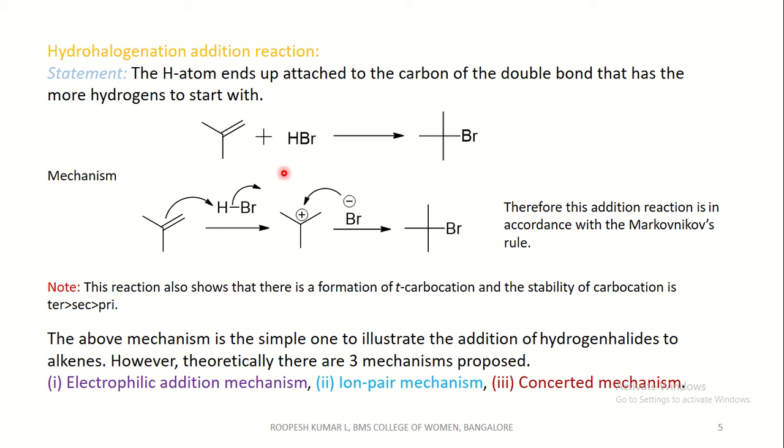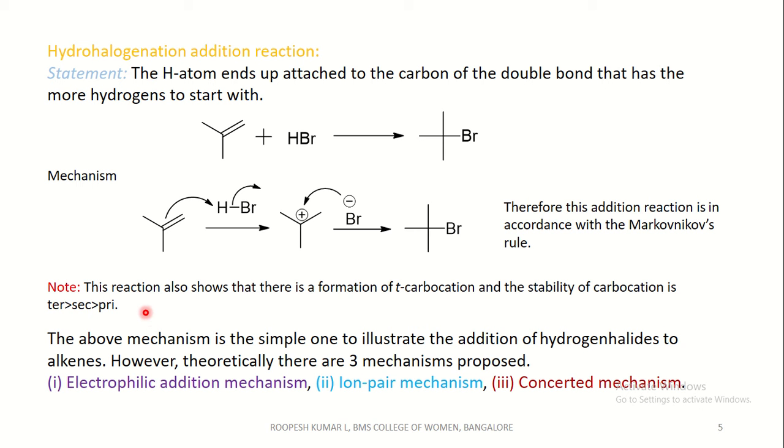That is, the statement says the hydrogen ends up attached to the carbon of the double bond that has more hydrogens. This carbon has more hydrogens than this one. Hence, the hydrogen attaches to this carbon and bromide attaches to this carbon. Therefore, this addition reaction is in accordance with Markovnikov's rule.